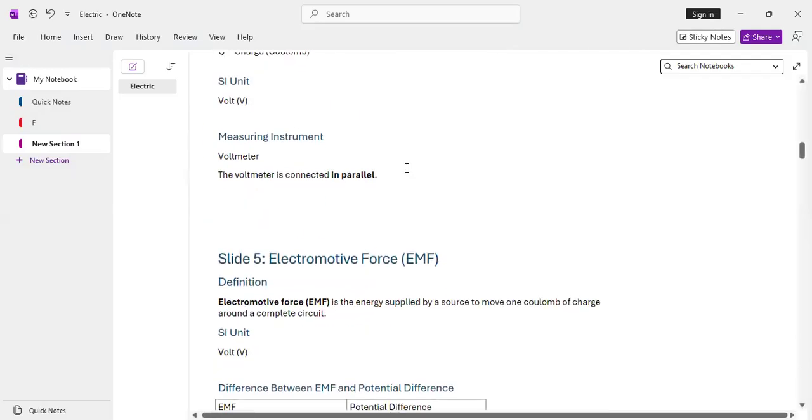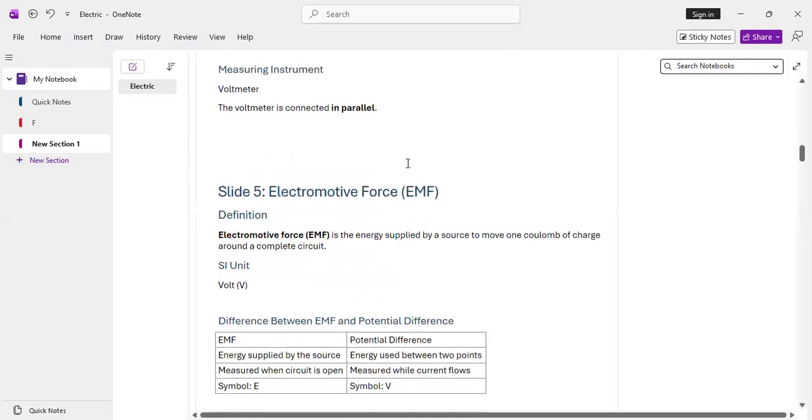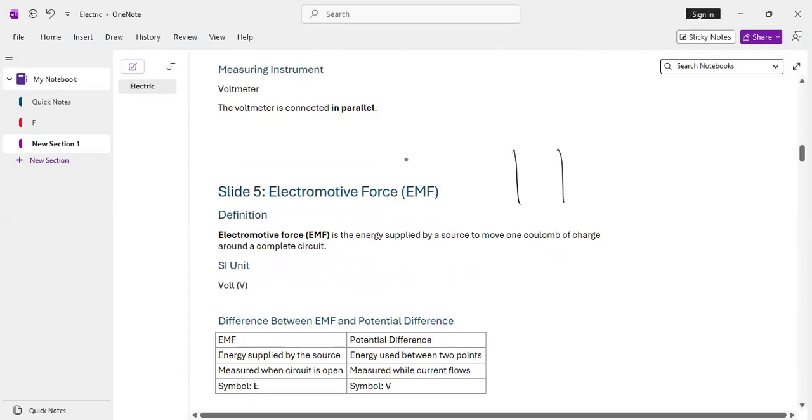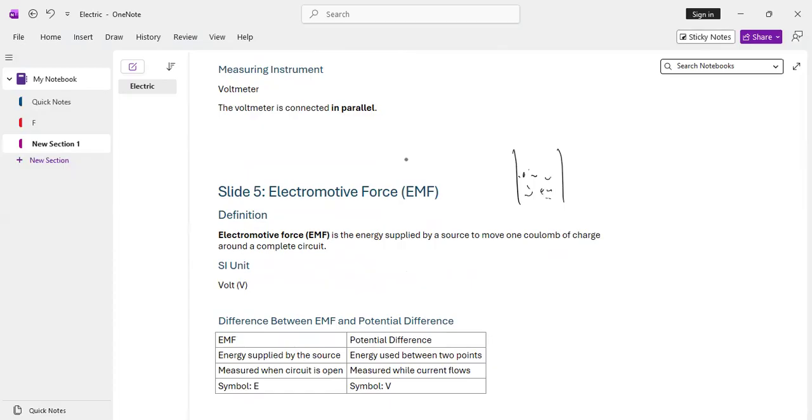Then EMF. EMF is the energy supplied by a source to move one coulomb of electricity. So now, these charges, we all know that if this is a battery, it has a little electron charged, right?